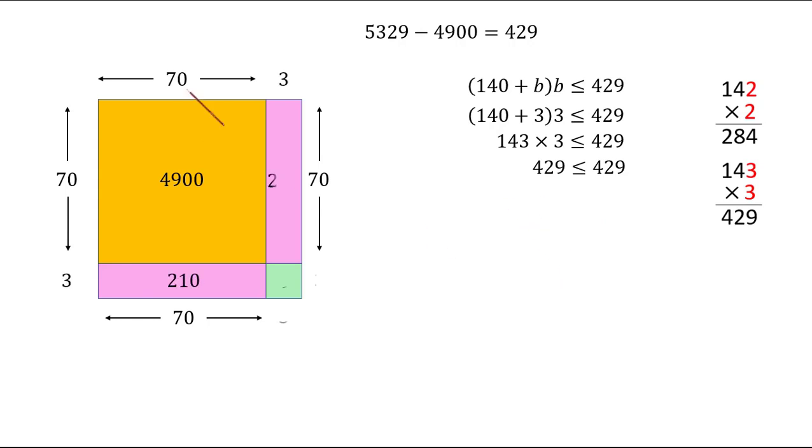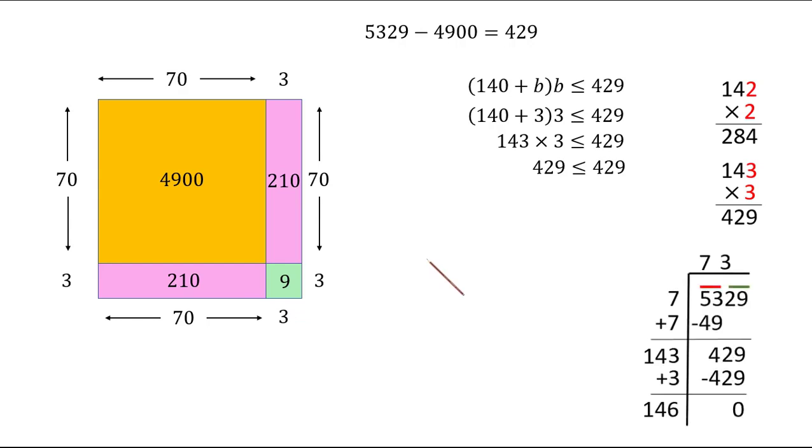So we come to know that this should be 3, so that the total area turns out to be 5329, and the area of this pink part plus this pink part plus the green part should be 429. So 210 plus 210 is 420, plus 9 is 429. So we write it in this way while writing the division method. 143 threes is 429, and we get a remainder of 0, which tells us this is a perfect square.